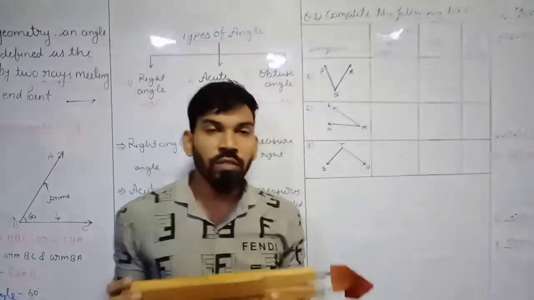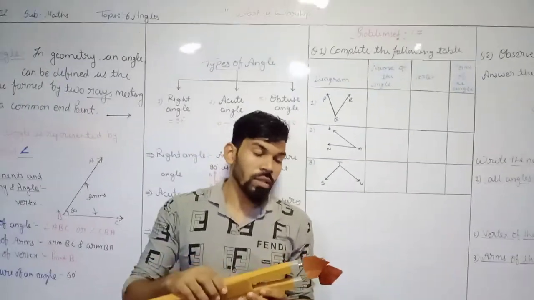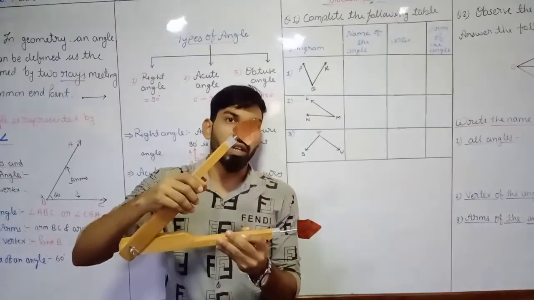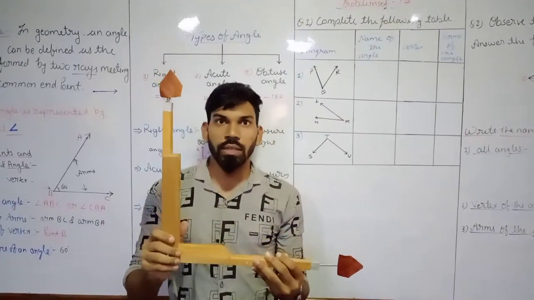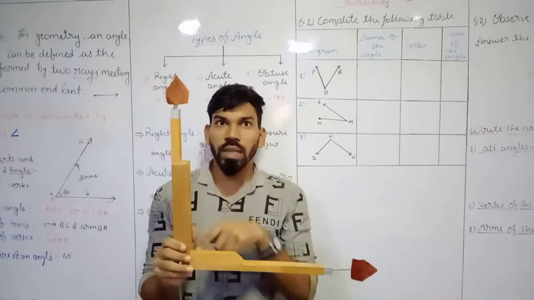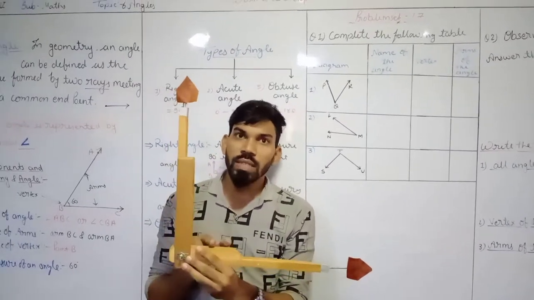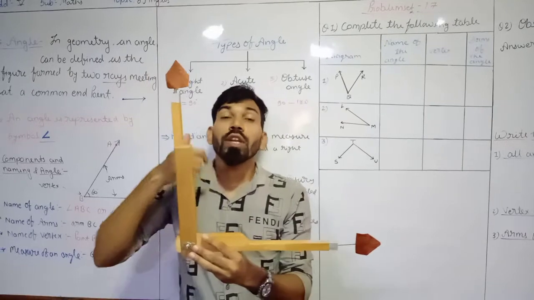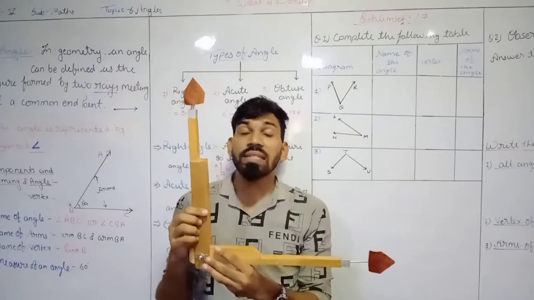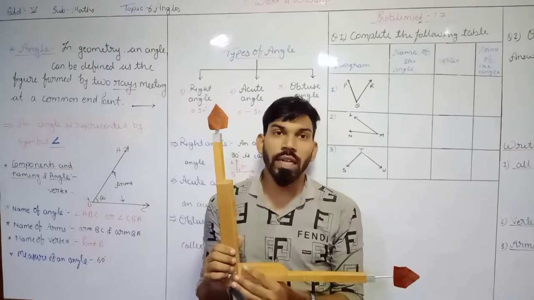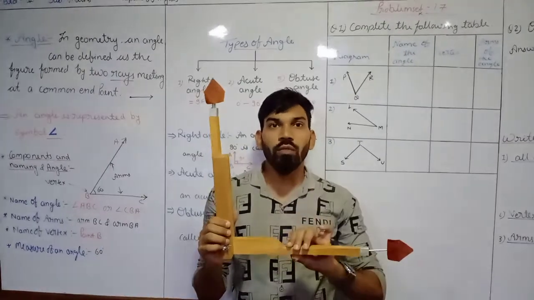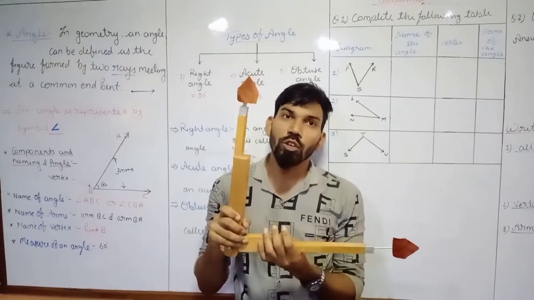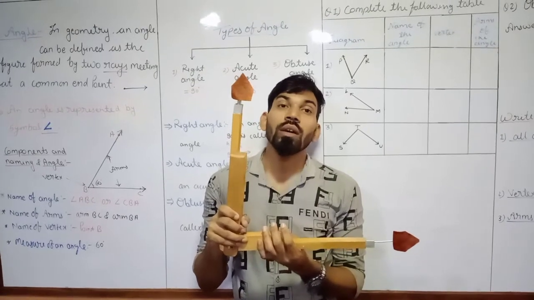Once again, we have to understand it by this teaching aid. Whenever we have an angle like this, first go for the right angle. These two rays are meeting at this common endpoint, and the measure of this angle is the distance between these two arms, these two rays, measured in degrees, and that is exactly 90 degrees. That is called a right angle. If we have 89, then it is called an acute angle.